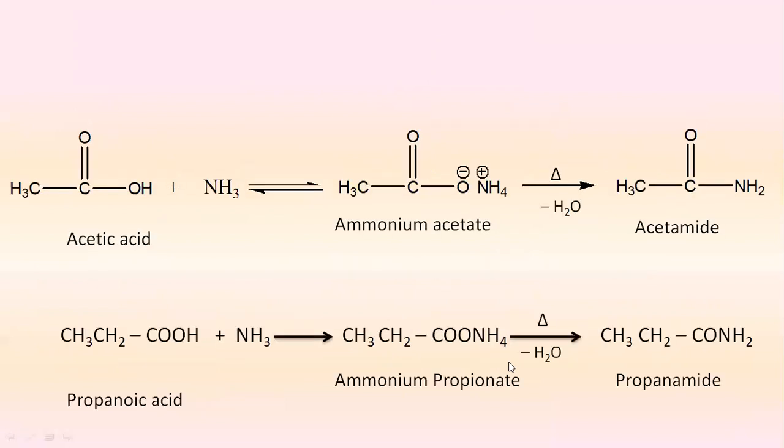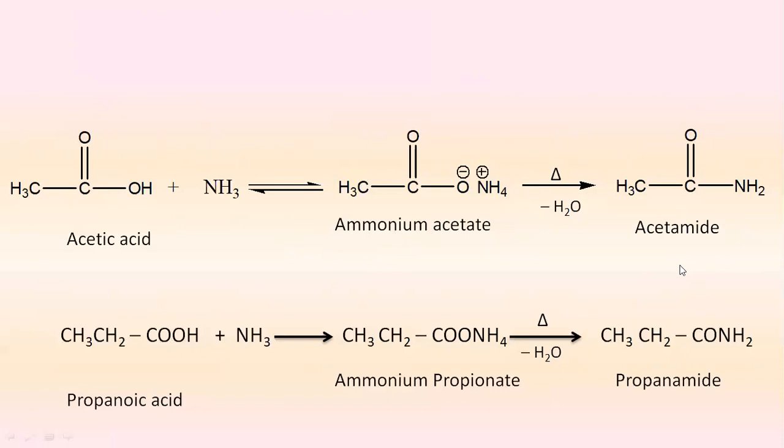Here is an example: acetic acid with NH3 forms ammonium acetate. In the first step, NH3 is added to the OH group of acetic acid, forming ammonium acetate, and on heating removal of H2O takes place and acetamide is formed, which contains the functional group C double bond O NH2.